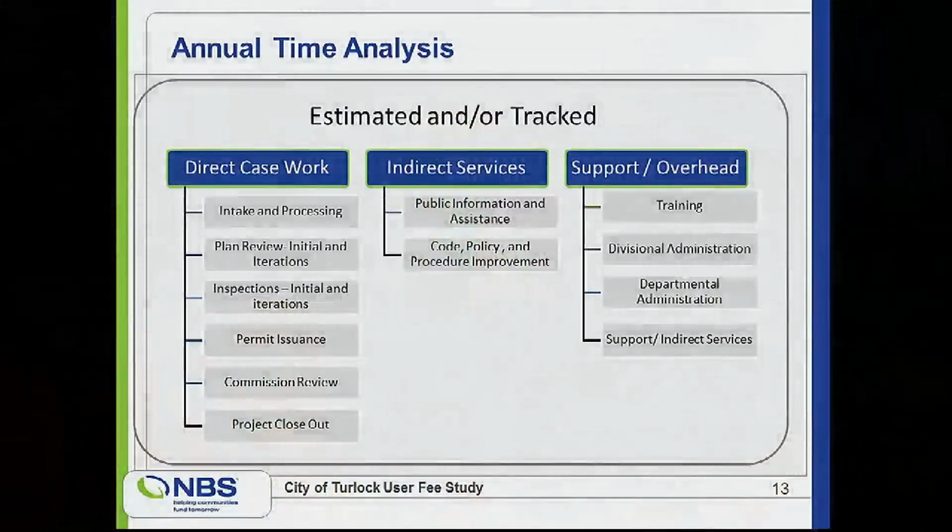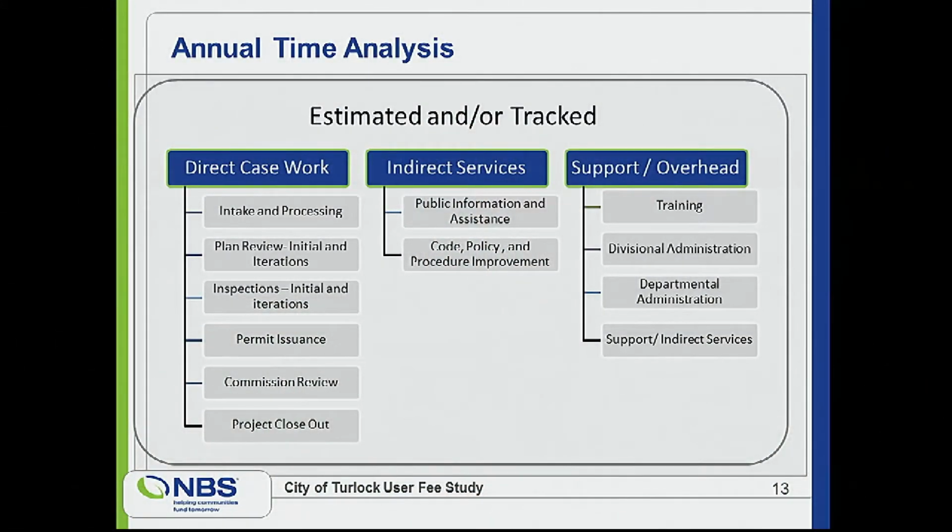Where appropriate, a portion of that has been included when it is related to direct permitted activities. And finally is the support and overhead, which is trainings, divisional admin, departmental admin, and support and indirect services. Again, staff went through multiple iterations of review with me to make sure that only the appropriate time was associated with the hourly rate.